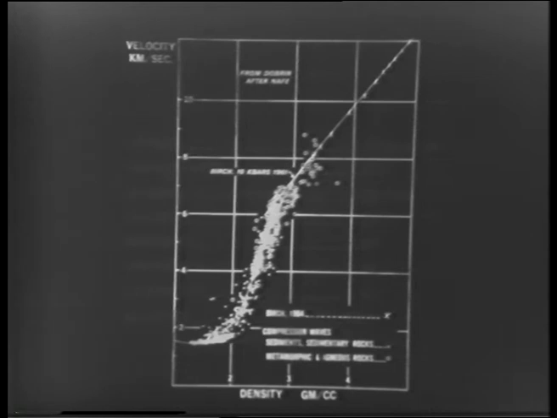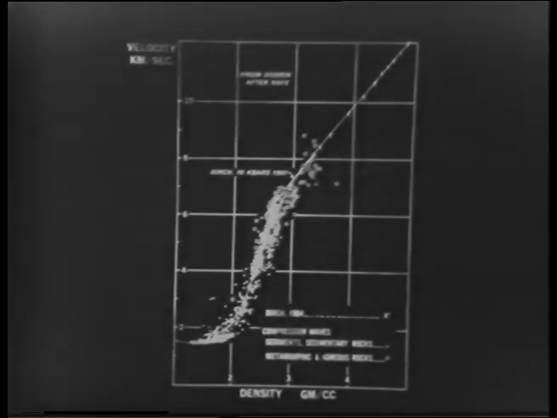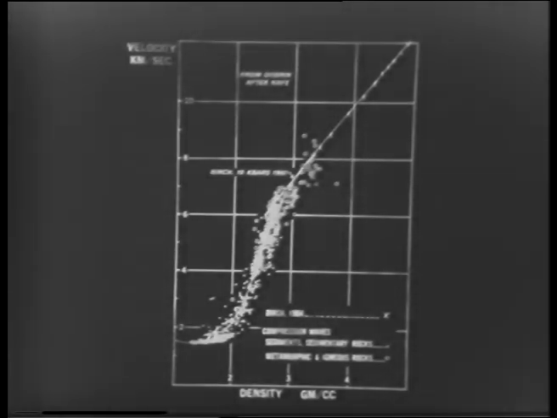And this, which is taken from Dobrin's book, also includes Birch's information at a pressure of 1 kilobar. It shows the relationship between velocity and density. And I'd suggest that for some ore minerals with different mean atomic weight, we may be looking at higher densities, but velocities in this perhaps 6 to 7 kilometer per second range.